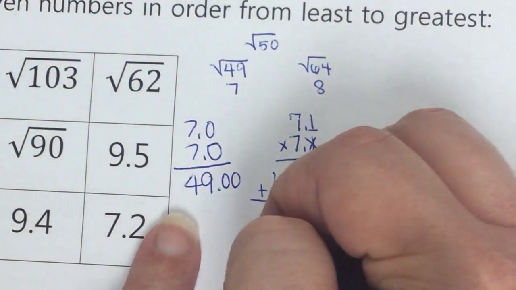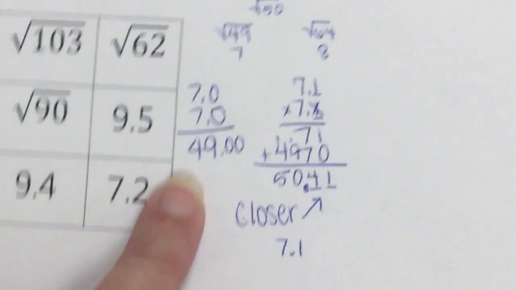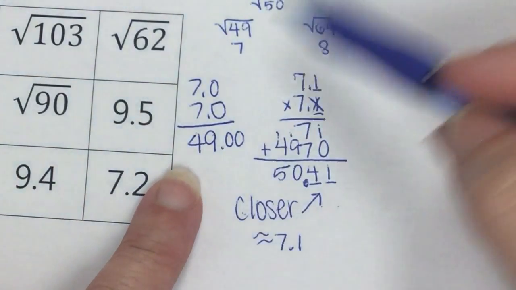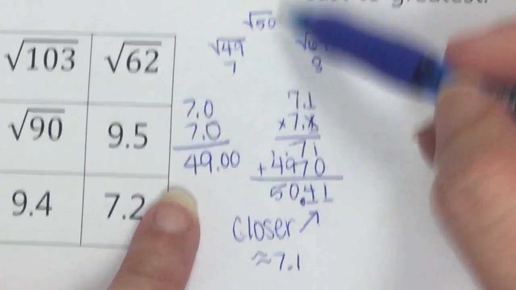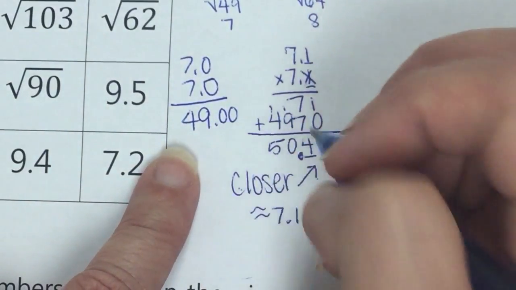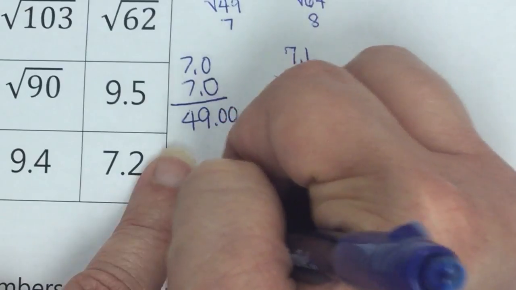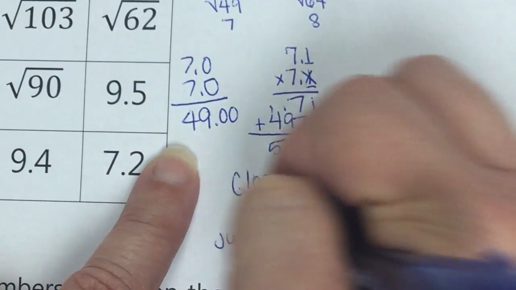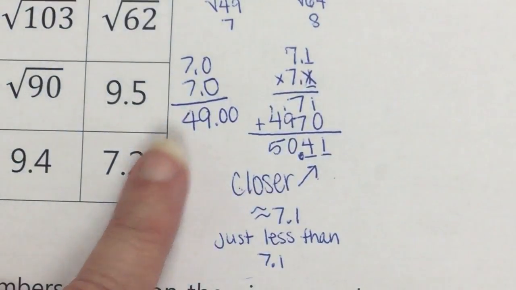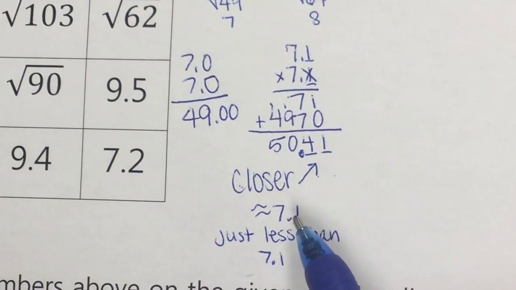So it is almost 7.1, but look at that. 7.1 is just a little bit more than what we have. So our number, the square root of 50, should be just less than 7.1. It's not exactly 7.1, it's approximately 7.1.